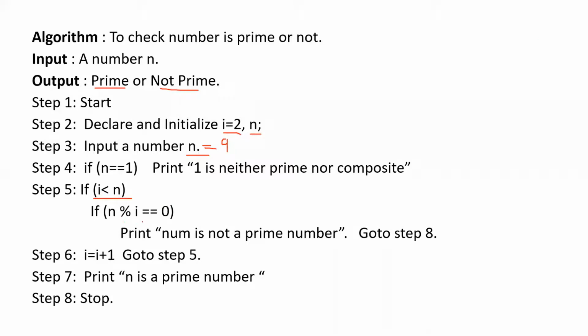And in this checking, whether it is equal to 0 or not equal to 0, tell me what will happen now. Instead of n, I will be writing 9, right? And then the mod operator, that is, we will be finding the remainder, right? When we divide n by I value is what now? In the first thing, we are having the I value as 2, right? So what is 9 mod 2?